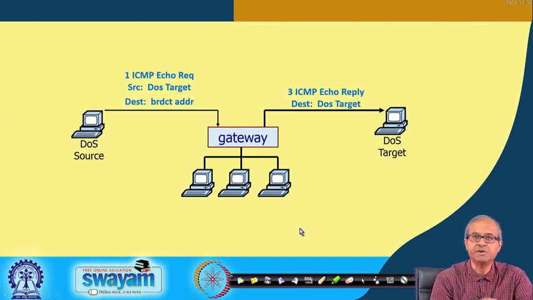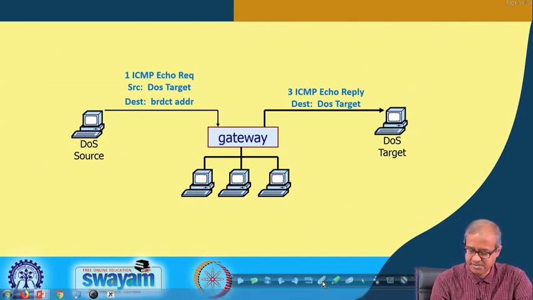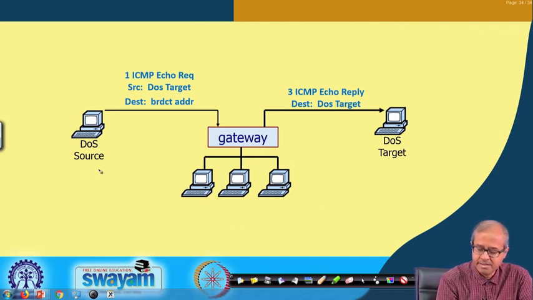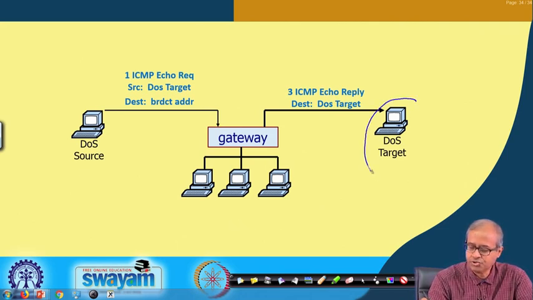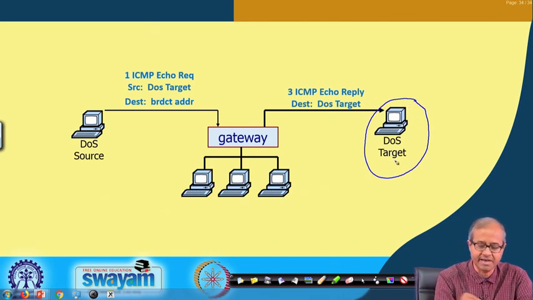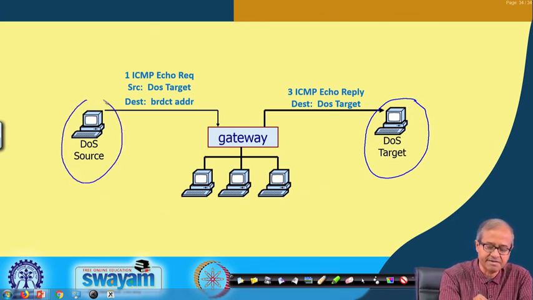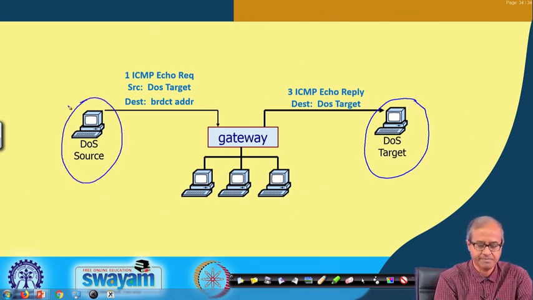So, this is pictorially what I have just mentioned. Let us say this is the host which an attacker tries to attack, and the attacker is sitting here, and this is a network. Let us say there are 3 computers here, a small example.